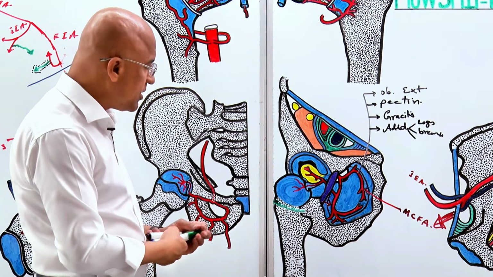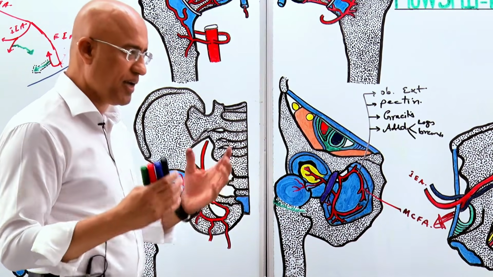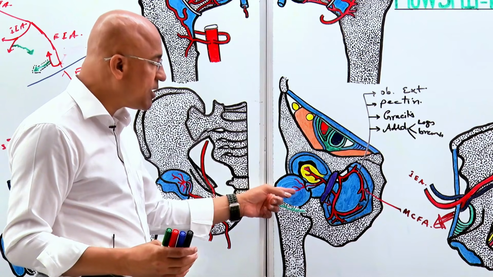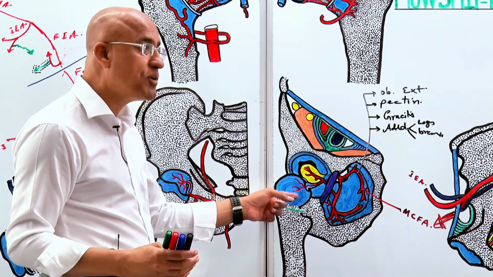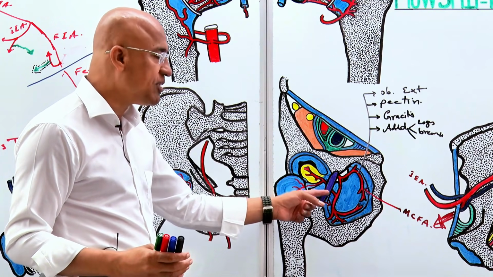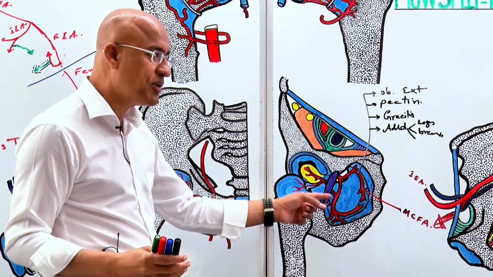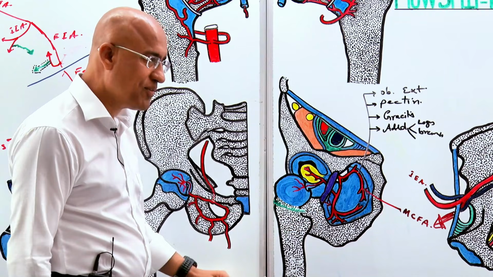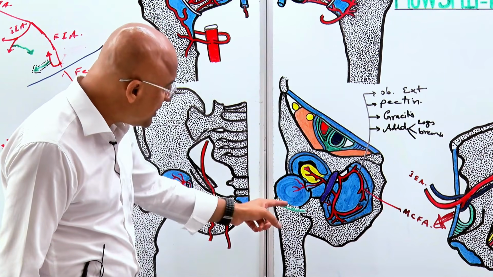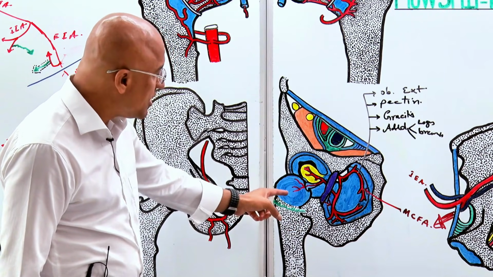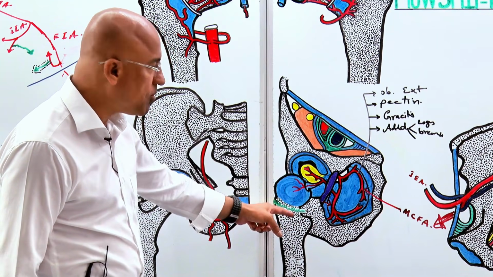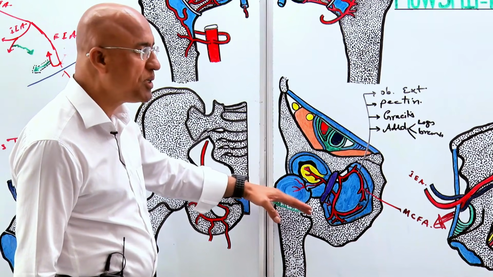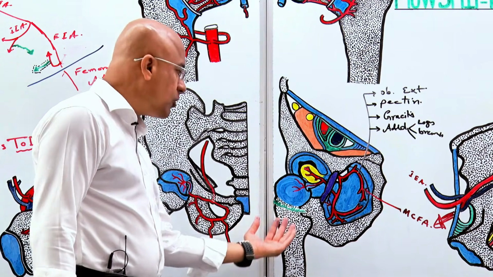So in children, the main supply of the head of the femur is this foveal branch, which is itself a branch of the acetabular artery, which is itself a branch of the posterior division of the obturator, right? Now in children, because the head of the femur cannot get blood supply from any other source, the other sources would have to be coming from down to up.